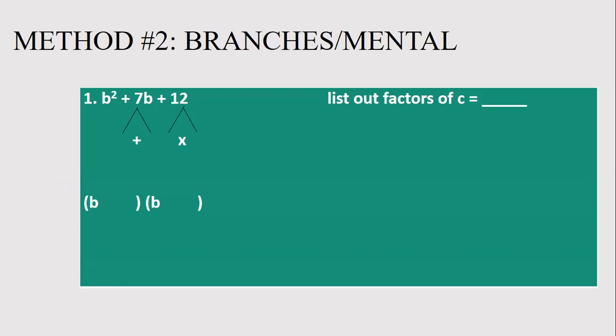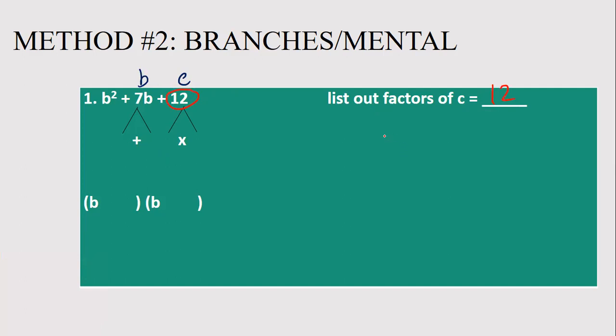So we're going to start off with what's called visually branches, but ultimately you end up doing it mentally. Branches works like this. You're asking yourself what multiplies to give me 12, my C term, but adds to give me my coefficient of my B term. So my C term is what in this problem? 12.